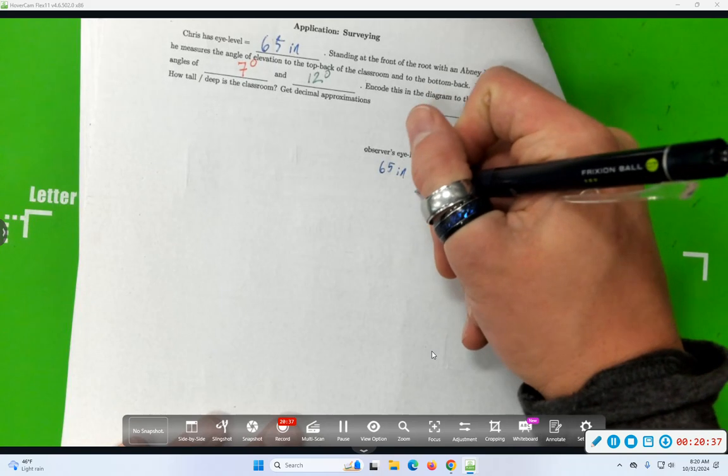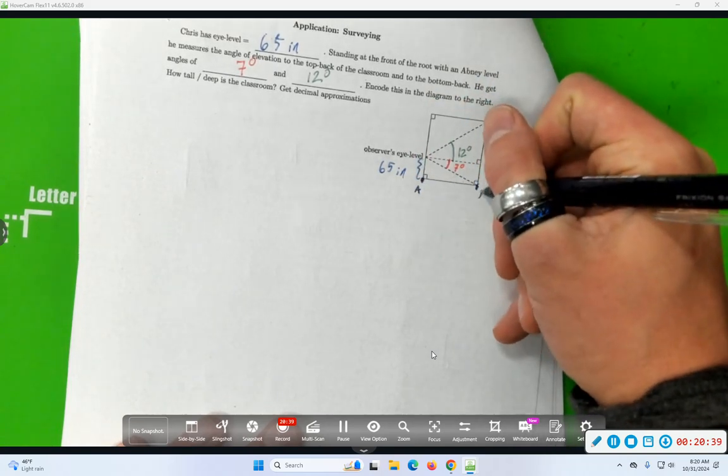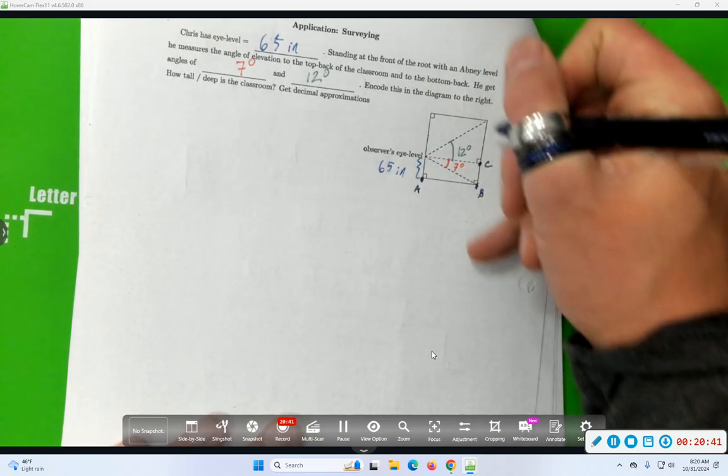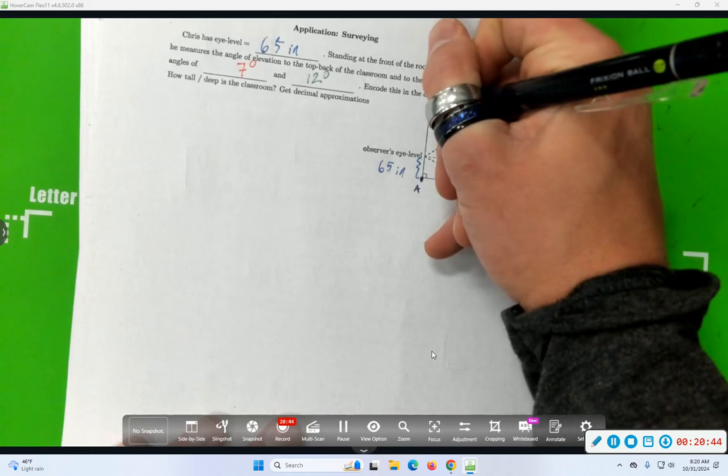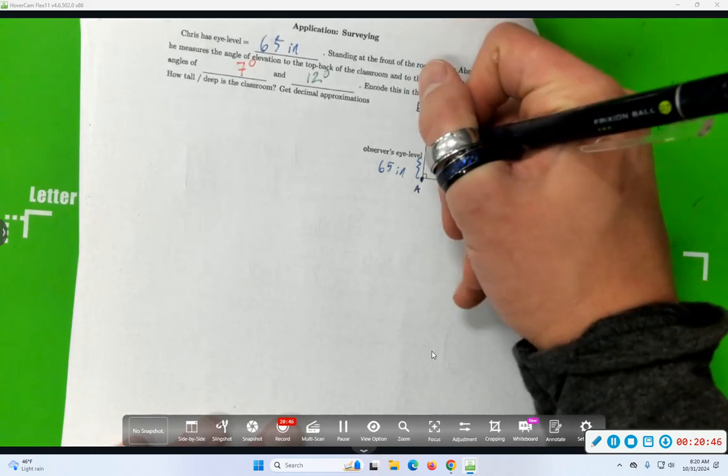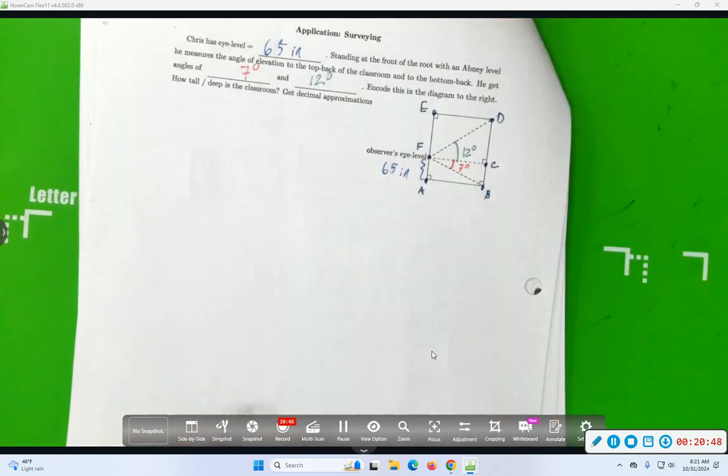I'm not very creative, so I'll just go A, B, C, D, E, F. So by looking at this diagram, what is a side length that we have enough information that we could use right triangle trigonometry to figure out? So to use right triangle trigonometry, I need a side length of a triangle, and I need an angle in that triangle.